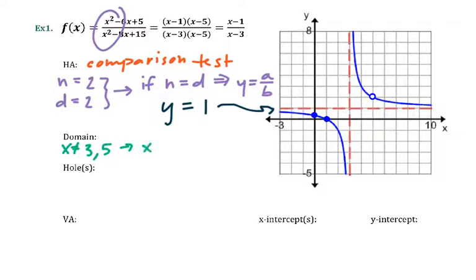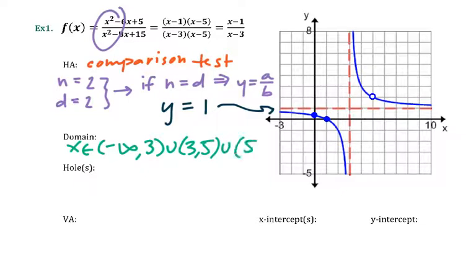In interval notation, we would write that x is from negative infinity to 3, union 3 to 5, union 5 to positive infinity. Those values come from these two factors in the denominator, and we determine what would make them 0, so we can leave those numbers out.